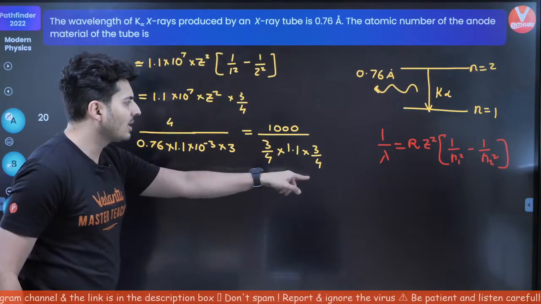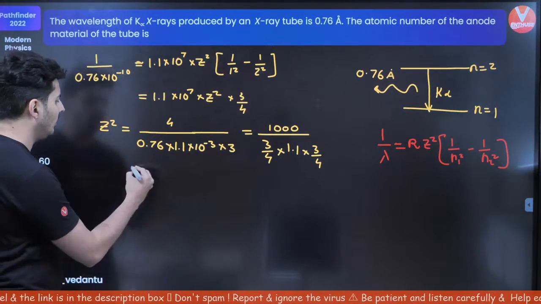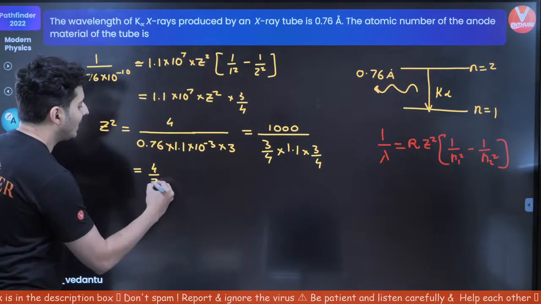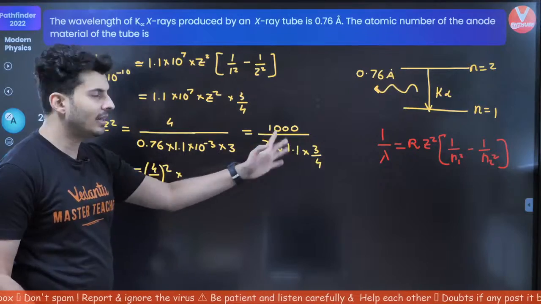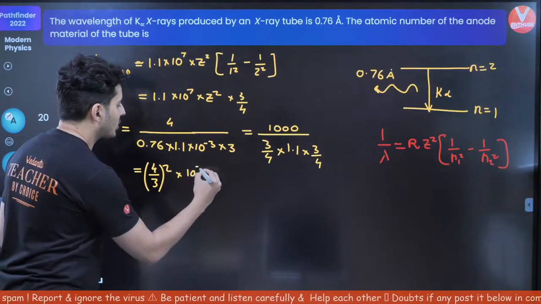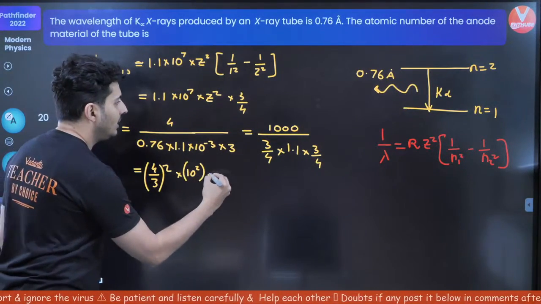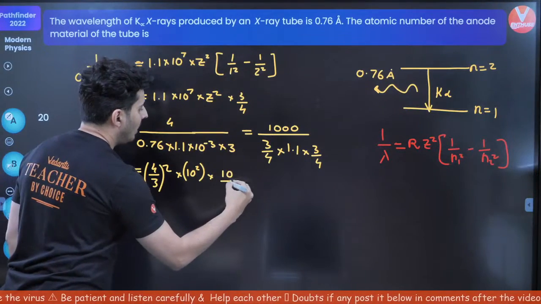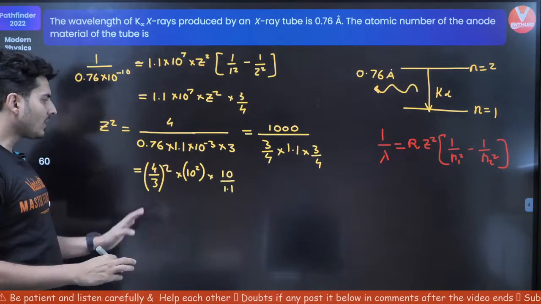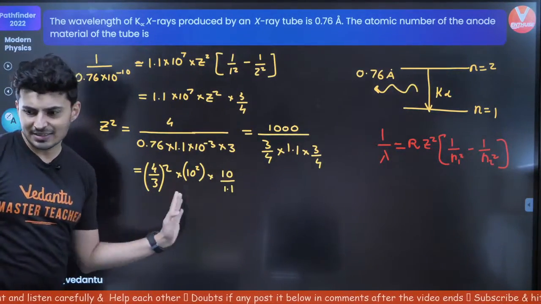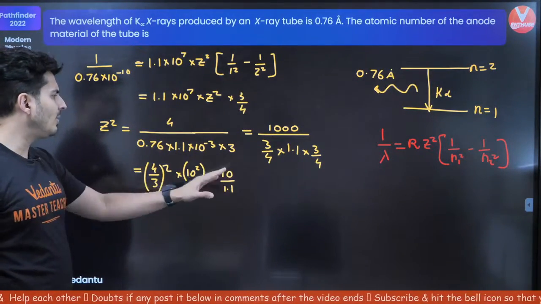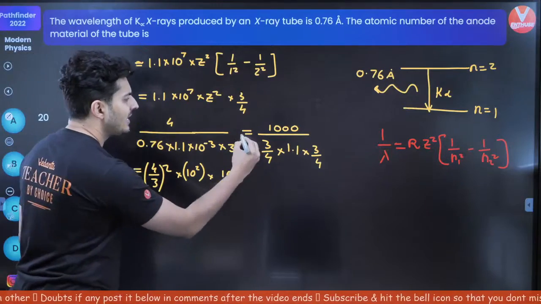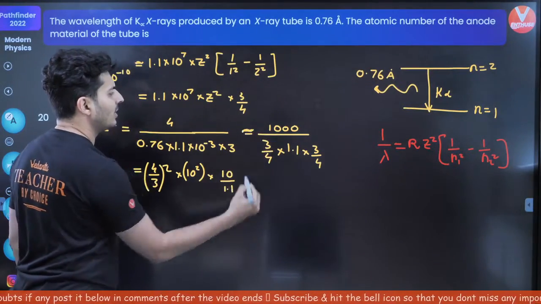Now, 3 by 4, 3 by 4. So if I shift it on the top, it will become 4 by 3 whole square into 1000. I can write it as 10 square into 10 by 1.1. Is that making sense to all of you? These are all decent enough approximations because 0.76 is roughly 3 by 4 only.